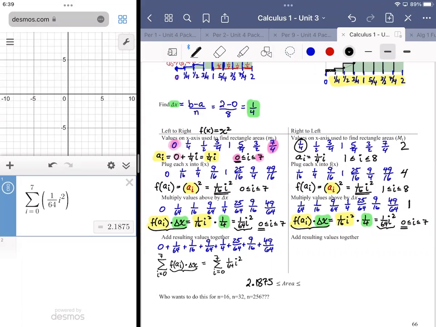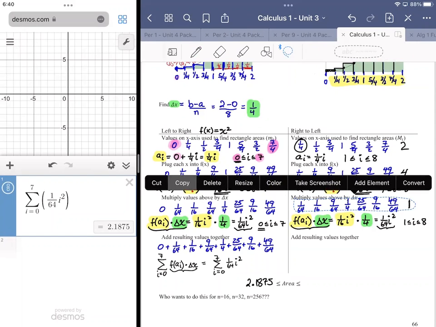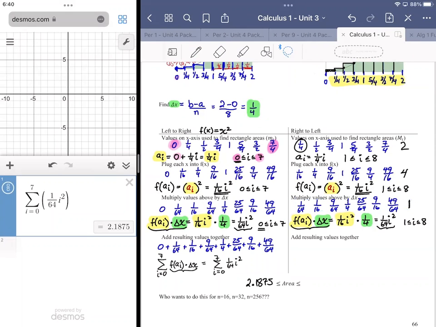Delta x is 1/4. And then we would just add them all up. But all that amounts to is taking the same set of values, taking off the 0, but throwing on a 1. If you wanted to do it manually, you just add these up.